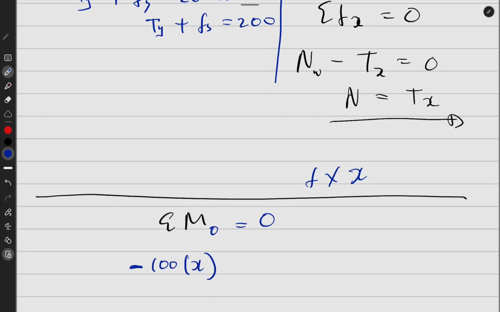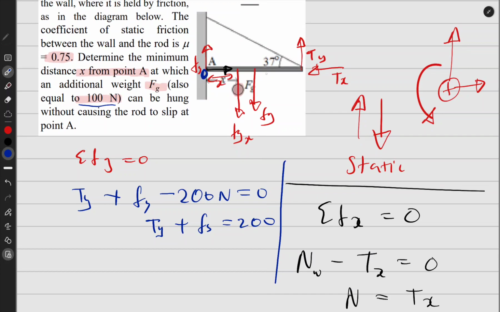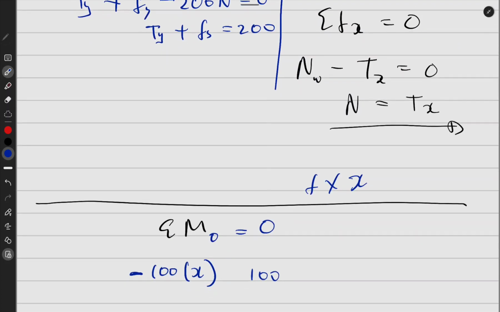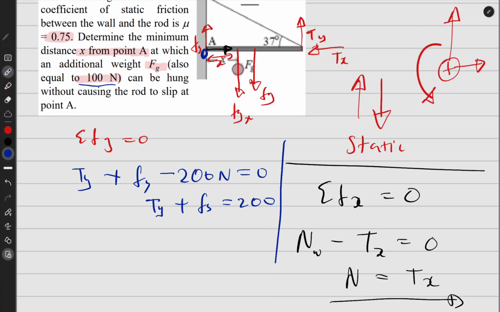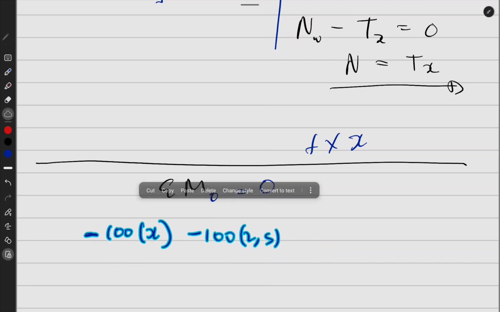I also have another 100, because we're looking at this beam, it's uniform, so the weight is in the center. This beam was given to be 5 meters, so the center is going to be 2.5, right? I didn't put a sign here, if you can notice, because I didn't know it. Let me find it out. This thing is going to pull this down. It's going to cause a clockwise moment, and that should be negative again. Okay, I'm out of room. Take this to the side.